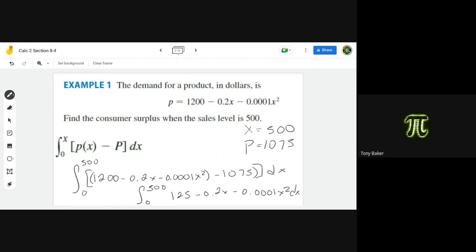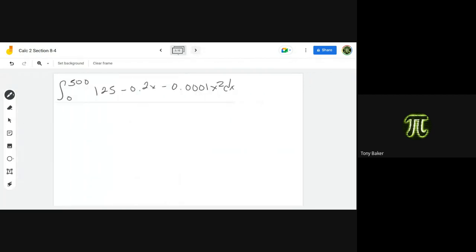And now we can just integrate. So what's the integral?